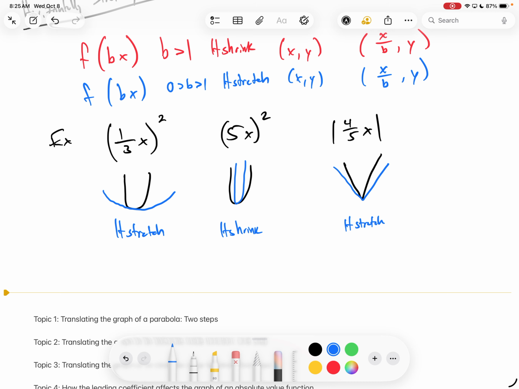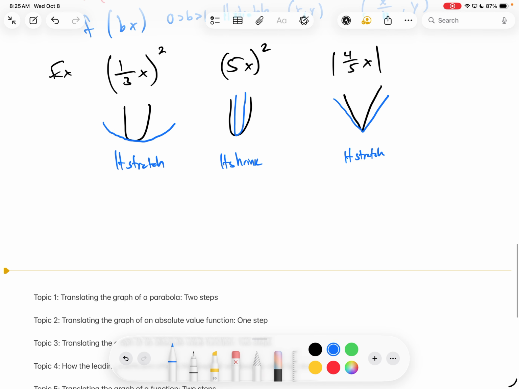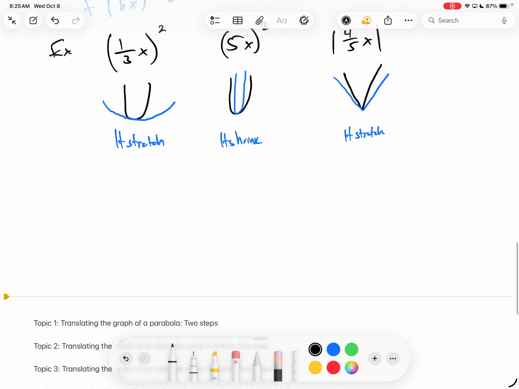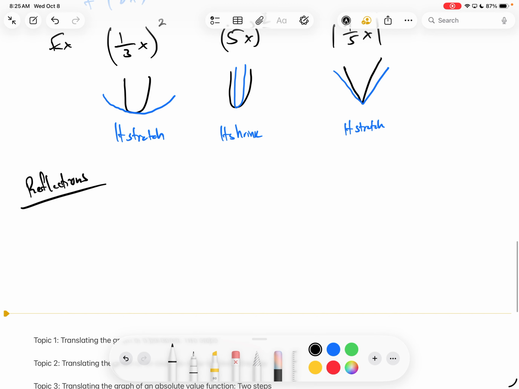And if you had to find the points, you can use that little formula there. And do that. All right. Last one. This is the easiest one though. Reflections. If I multiply by a negative, it is going to reflect. This is vertically, so it's going to reflect across the x-axis.